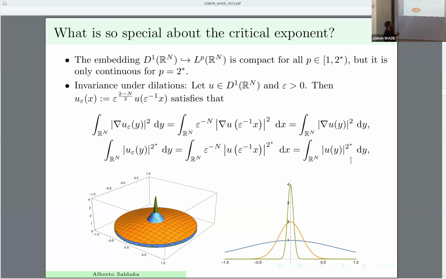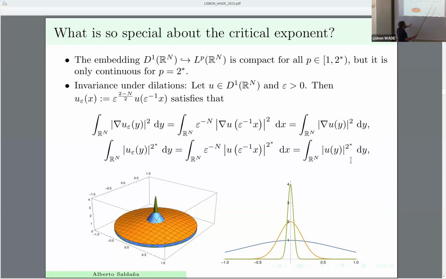So this is the problem when we say that this embedding has compactness issues. It's not compact. And why is it not compact? Well, because you can have a sequence of functions here whose norm in this space is always bounded away from 0, but that can converge pointwise to 0. Why is that? Because when I rescale a function in this way, I have a process like the one pictured here.